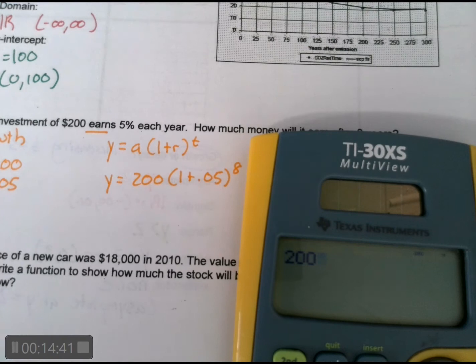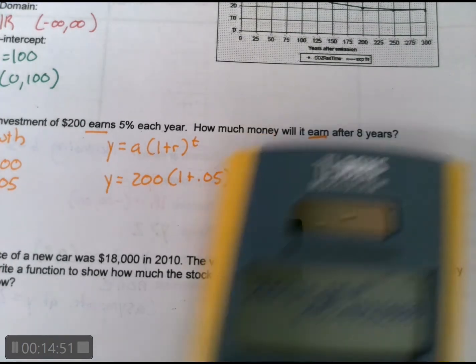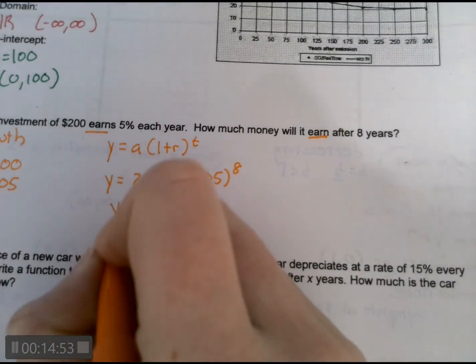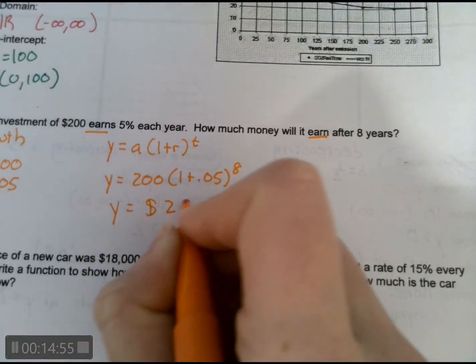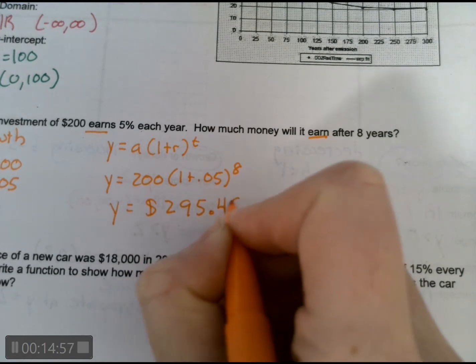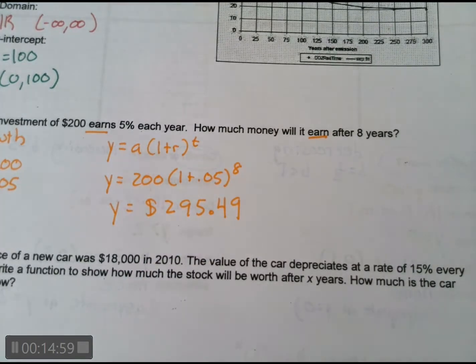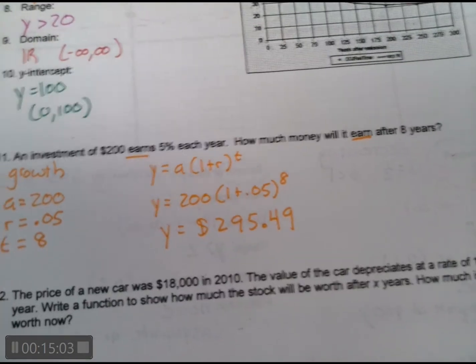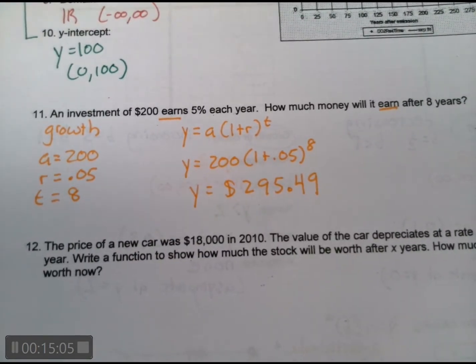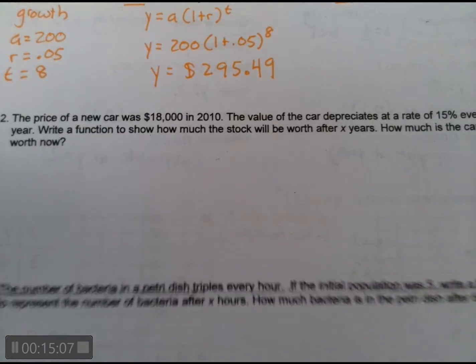I have 200, parentheses, 1 plus 0.05, to the 8th, and that gives us $295.49. So that's how much it earns after 8 years. Doing okay? Alrighty, let's take a look at the next one.